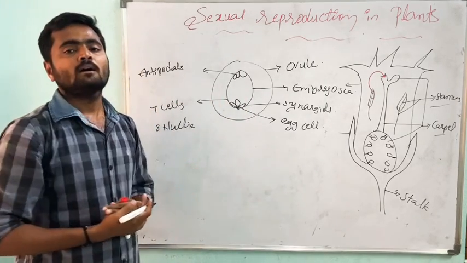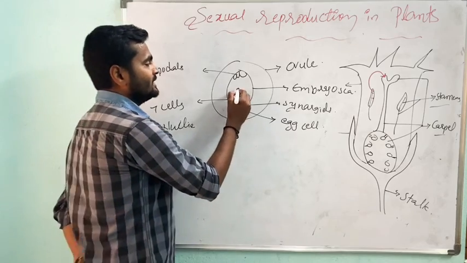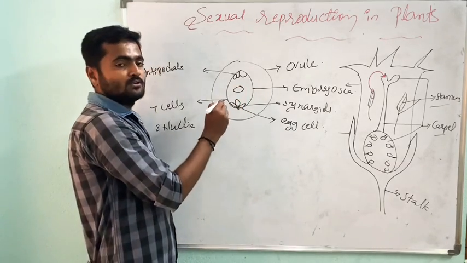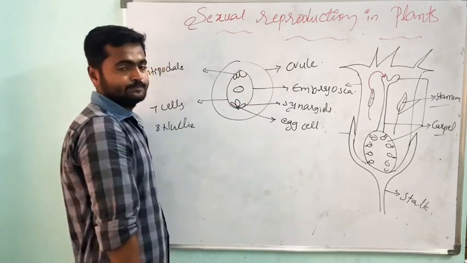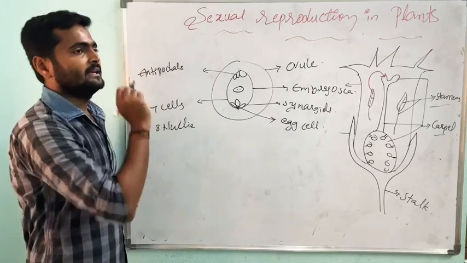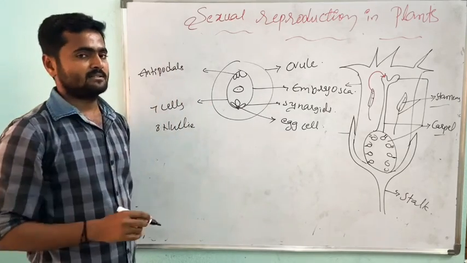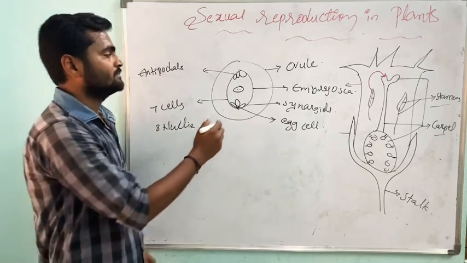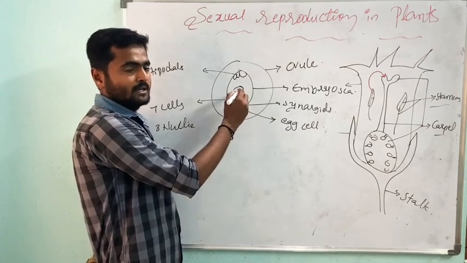towards the egg cell. Now in the center of the embryo sac, we have one big cell that is called the fused cell with two nuclei. Generally, in the earlier stage it is an 8-celled structure, but in the center, two cells fuse together and form a fusion nucleus.